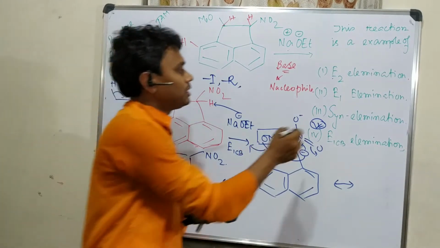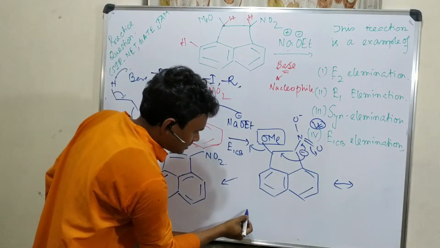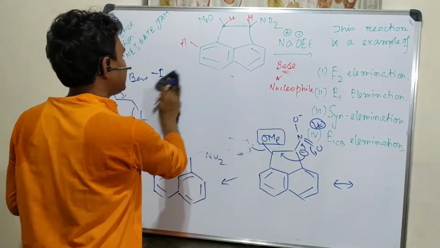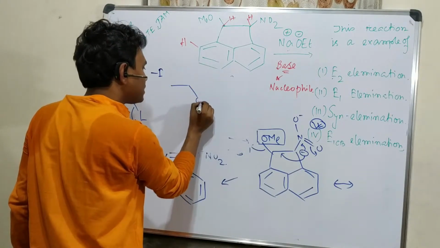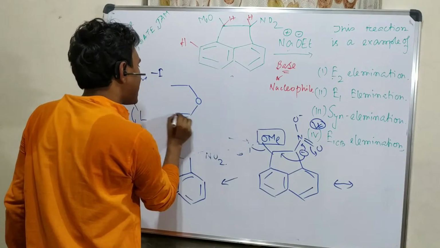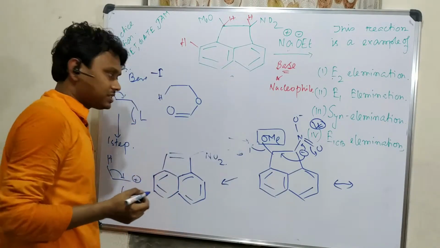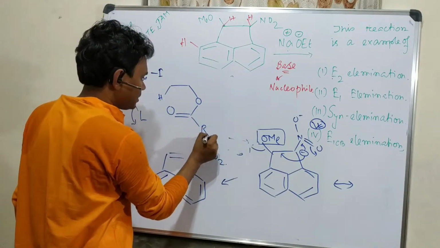That is E1. Now, syn elimination: what does it mean? It means elimination from the same side, like the pyrolysis of an acetate or xanthate. Acetate needs a little higher temperature, as does xanthate.